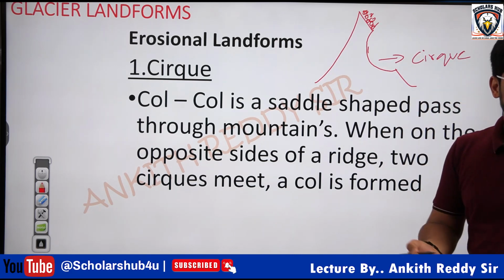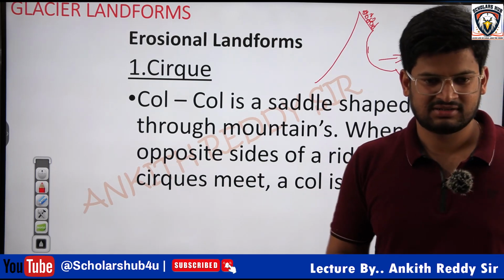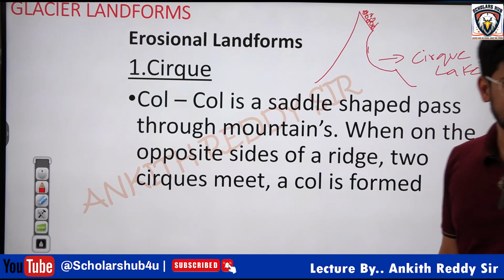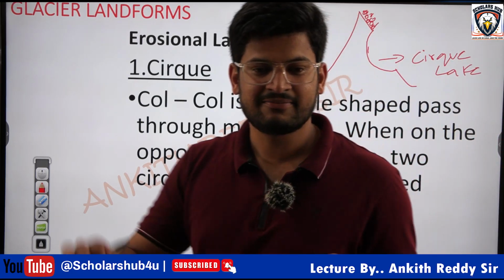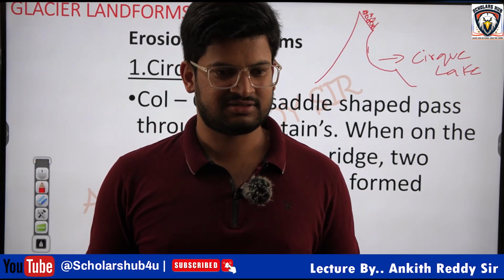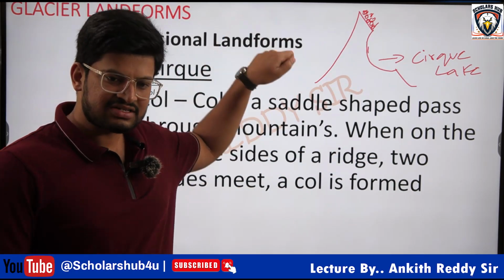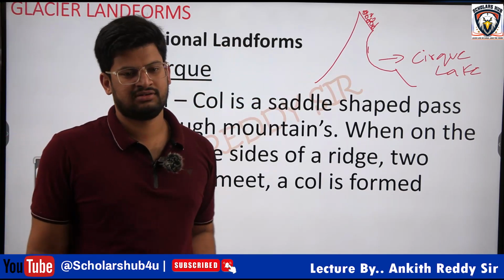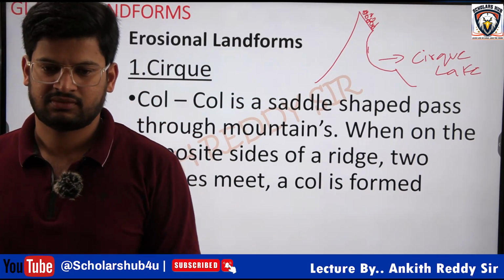Whenever the ice melts, it turns into water, forming cirque lakes. A cirque is just like how we scoop ice cream and a depression forms; in the same way, when glaciers move downhill, they create a depression called a cirque. Clear?